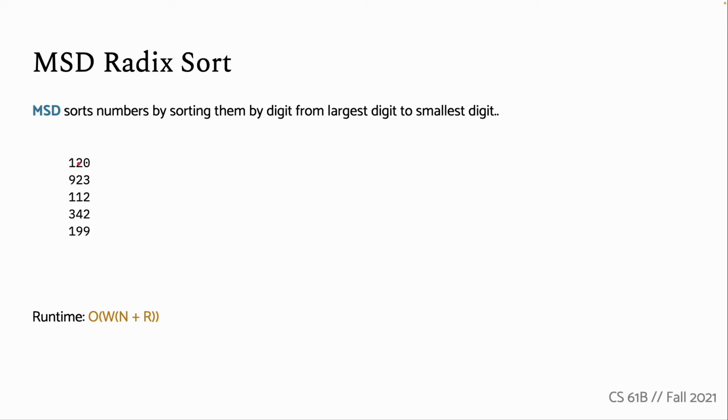No matter what third digit you get for 120, it's never going to be less than whatever comes after this 1 and 112. This one has a runtime of big O of W times n plus R, and that's because of the early stopping that is allowed due to the bucket sort rule we have going on here. It's a little faster than LSD sort, but it is more complicated to implement.